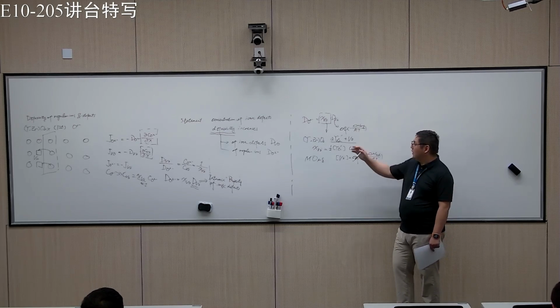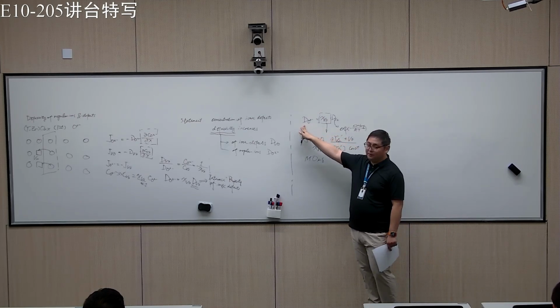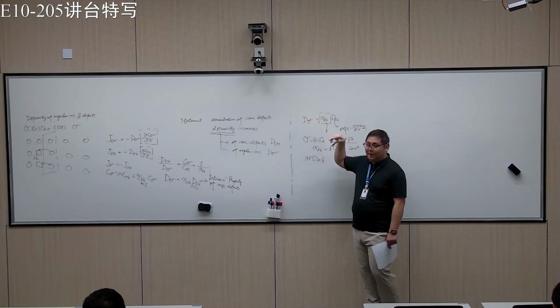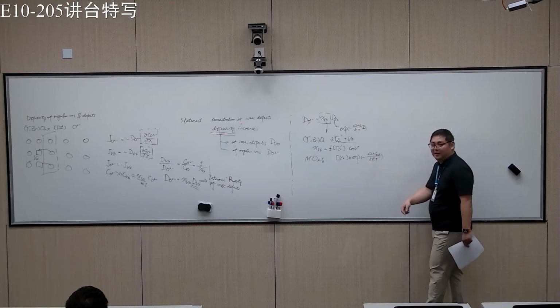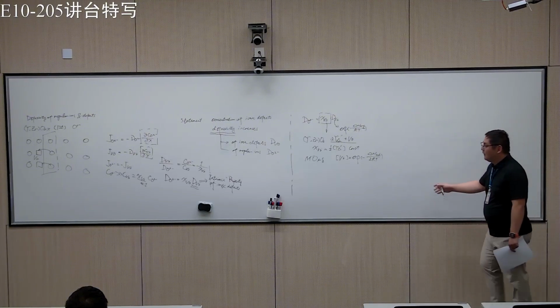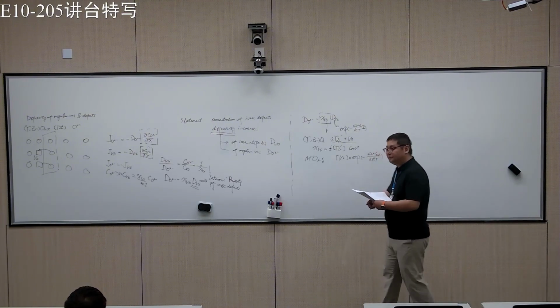So if you measure the temperature dependence of this, there'll be a part with the migration, and also a part with the thermal activation. Okay, so you have to make a clear distinction between this one and this one.